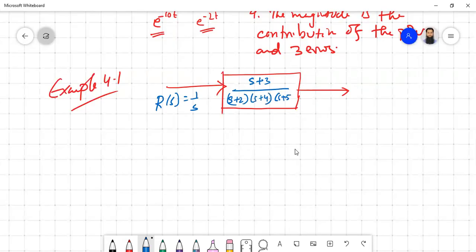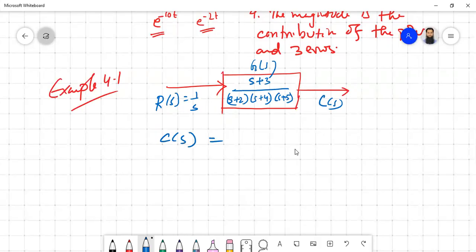So the system has 1 zero and 3 poles. And your response C(s), this is definitely your G(s). Now, how can we predict without going for the solution with the values of the coefficients for the partial fraction expansion? Can we directly write the equation for this solution? So we can say that C(s) will be something like this.